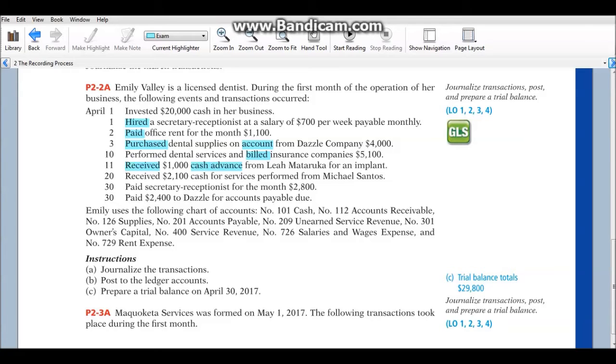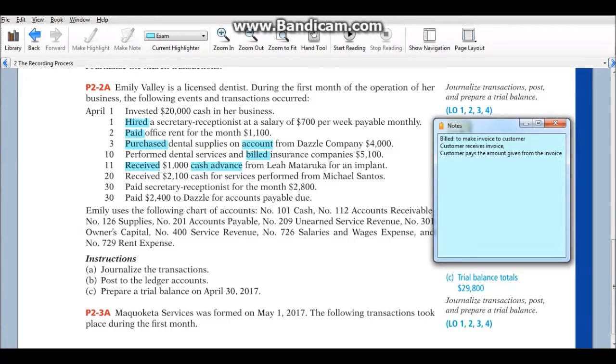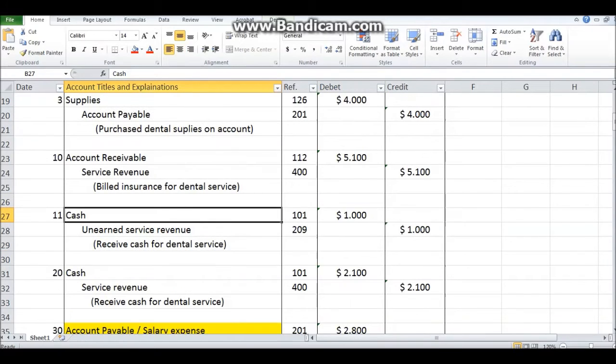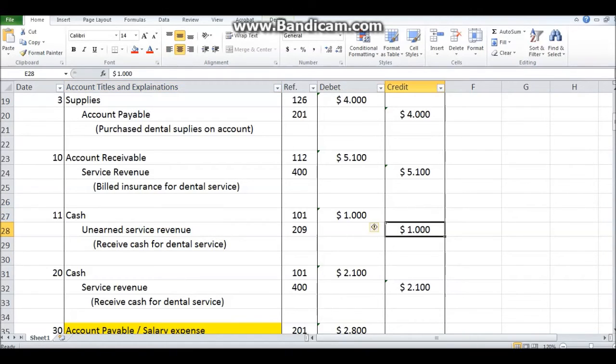Right, so it means the same as the first question in P2-1A, they will treat it as an unearned revenue. So I'll just take this out. All right, so on the 11th, they receive cash, but they haven't performed the service yet. So it is called unearned service revenue for 1,000.